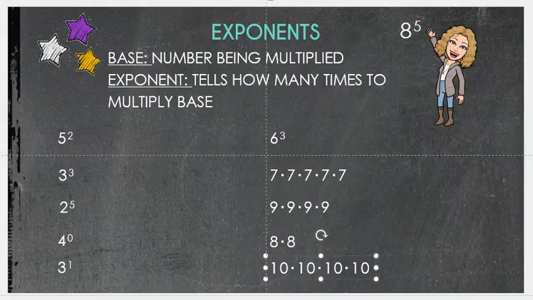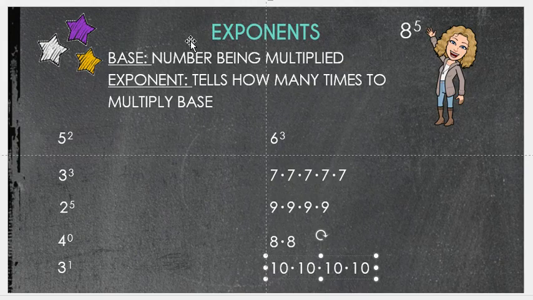Hi there. In this video, we're going to go through some exponent concepts and examples. So we'll start out with the basic vocabulary of base and exponent. The base, when you're looking at an exponential expression, is this number, in this case, 8 to the 5th. 8 is our base, and that number is the number that gets multiplied over and over again.